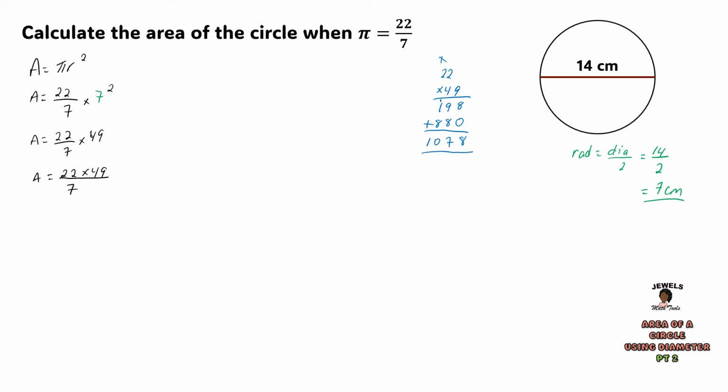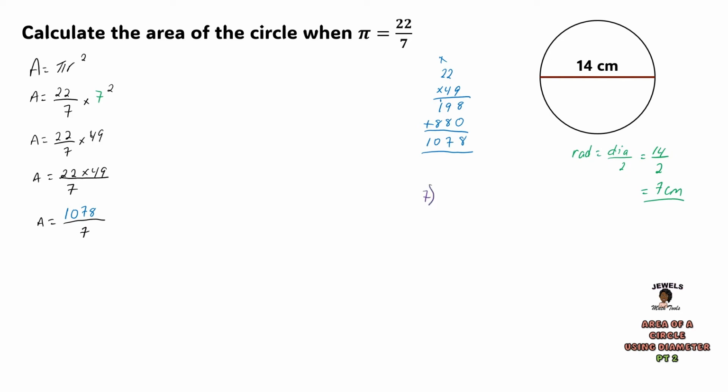So now that we have simplified our numerator, let's begin our substitution to clean up all of the information that we have. And we will be plugging in our 1078 in the numerator. And now that we have cleaned up our numerator, let's dive into our final step where we are now going to begin our division.